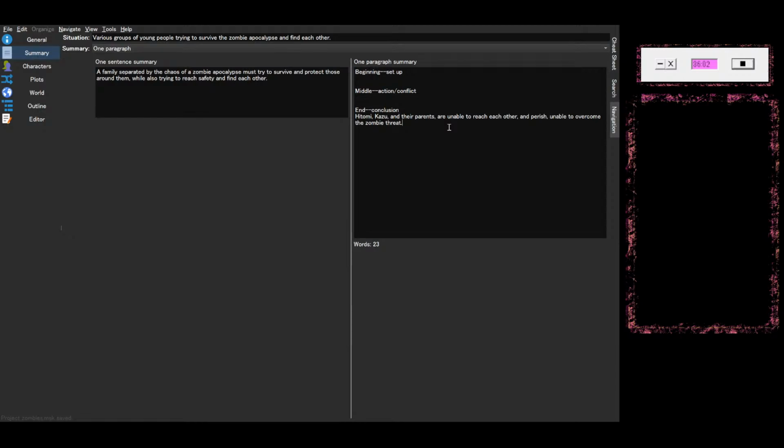Even if you change your mind later as you're writing, thinking, oh, I don't really think that ending's going to work anymore, or I don't really like that ending anymore, you can change it.